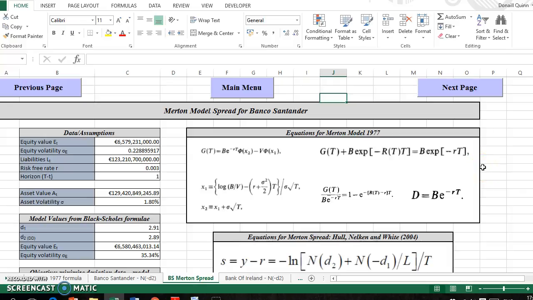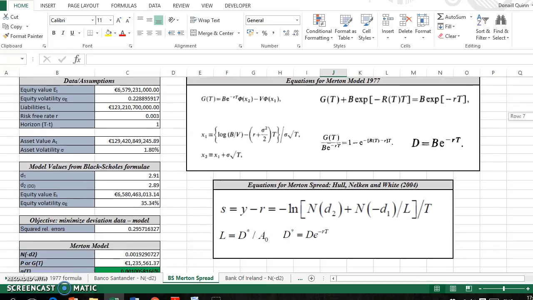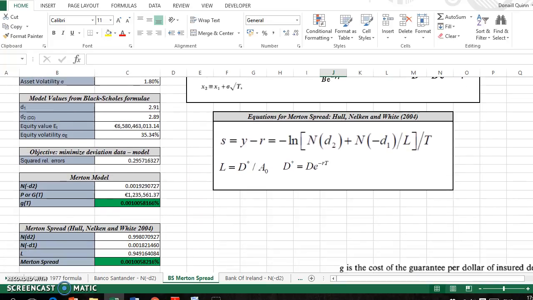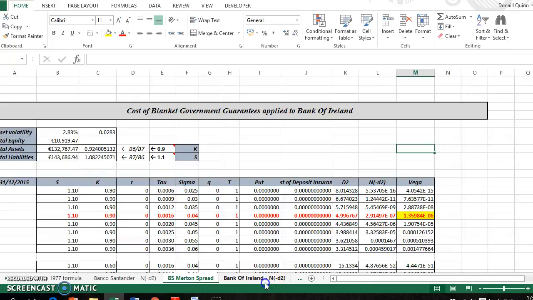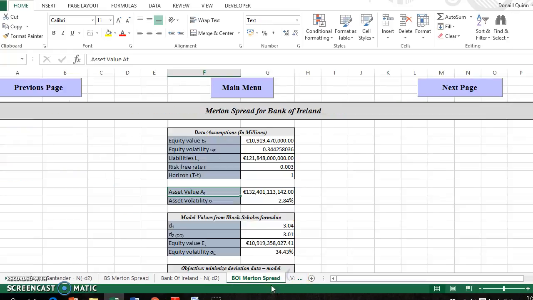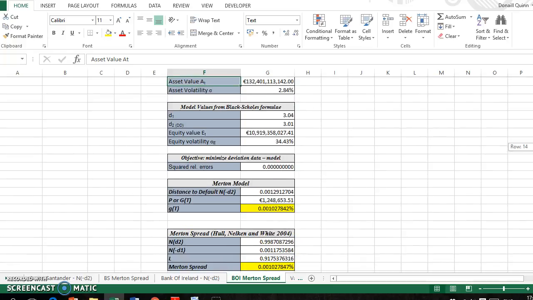In the following section I applied the Merton model spread for Banco Santander, as you can see here. And the same approach was replicated with Bank of Ireland. And that's my part finished.